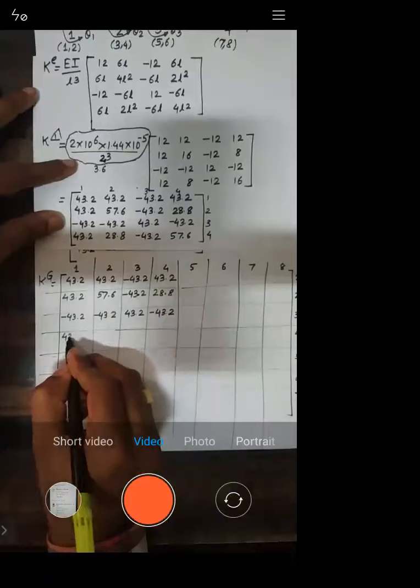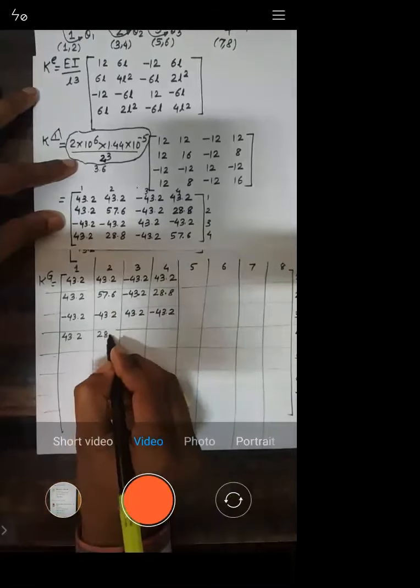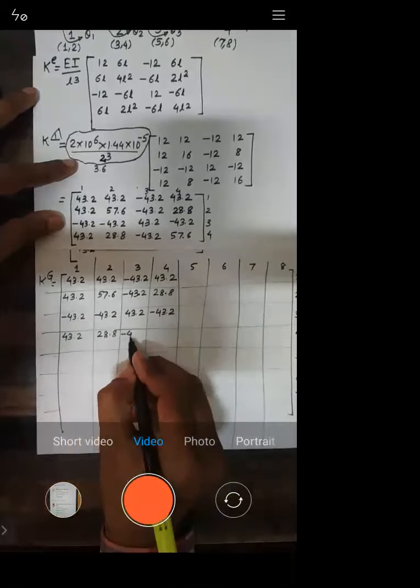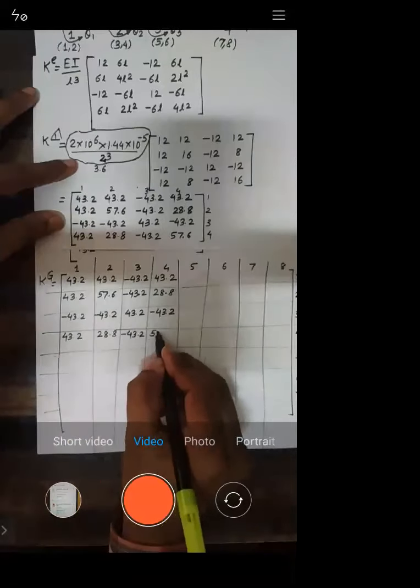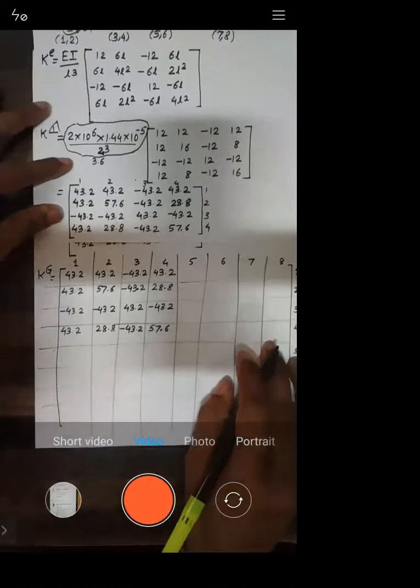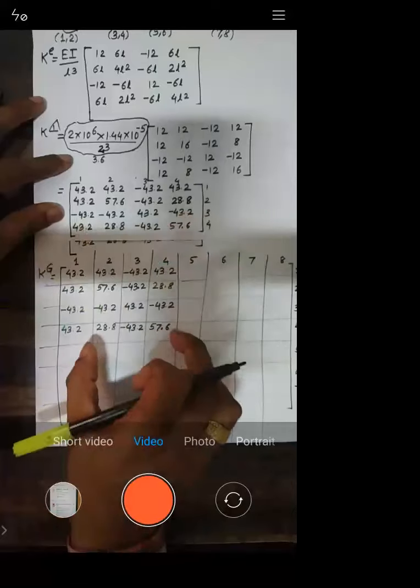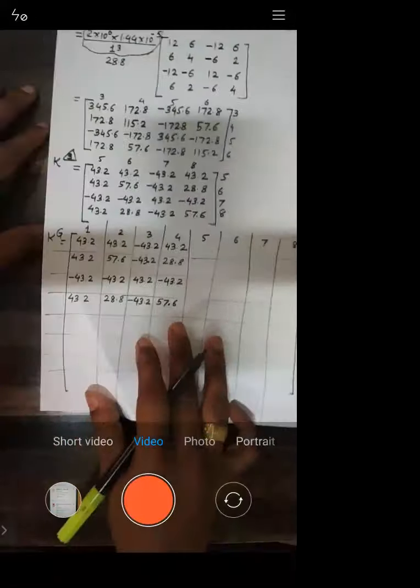Right here you will get 43.2, 28.8, minus 43.2, and 57.6. So these matrices I just pick and place as they are. Similar sort of exercise I need to repeat.